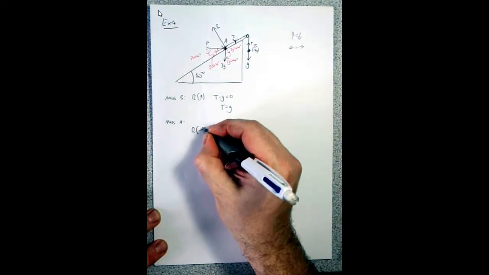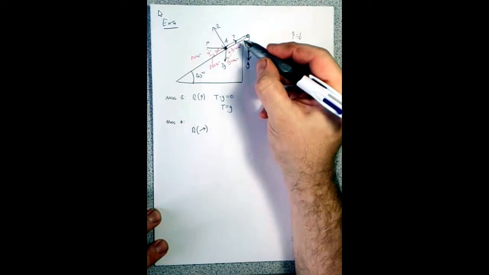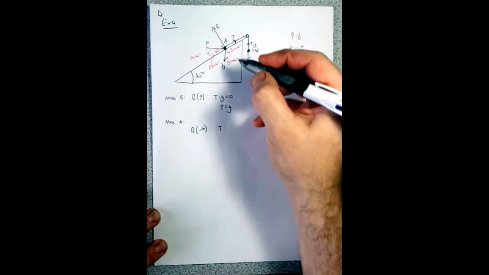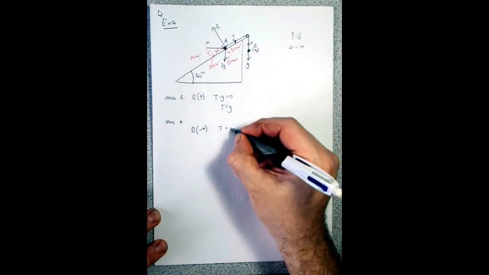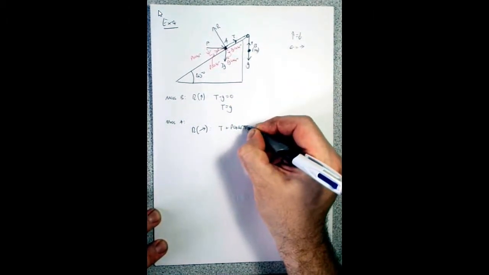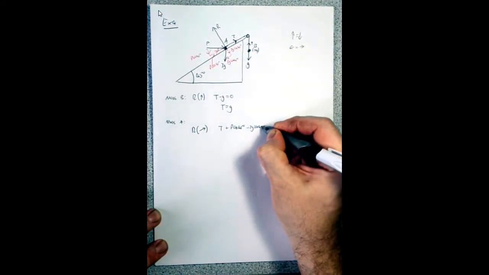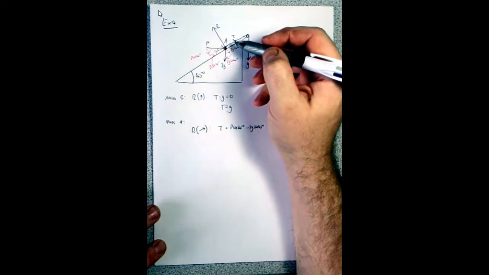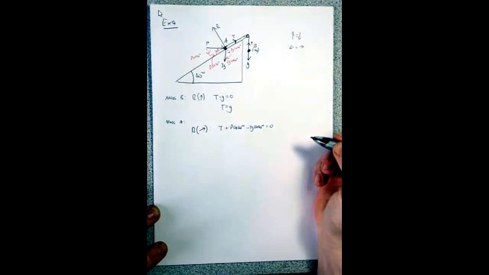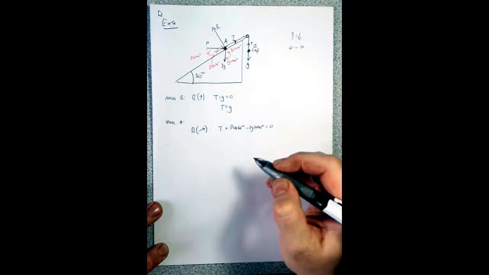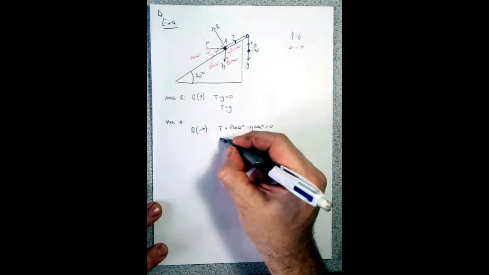Okay, let's resolve up the slope for A. I've got T plus P cos 45 minus 3g sine 45, and that equals 0. I know what T is.